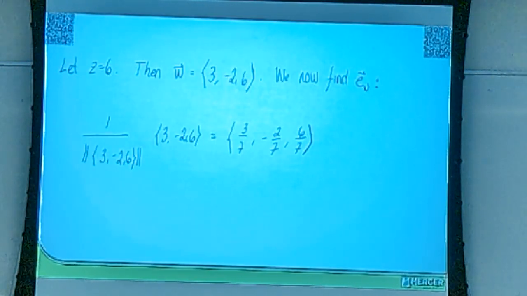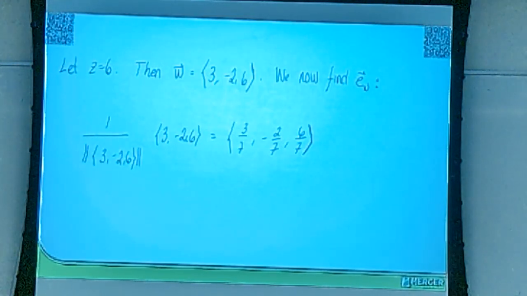Because no matter what value you choose for z, once you normalize it and fully simplify, you're always going to get either this or the complete opposite direction. I'll let you verify that on your own by trying a different value for z.